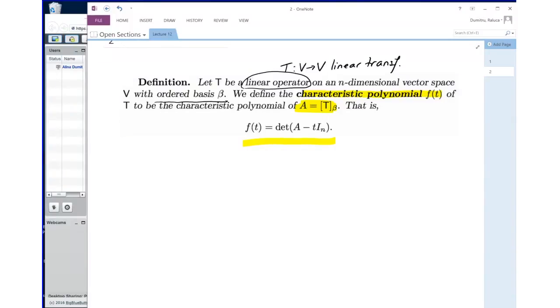Because if you choose another basis, you end up with a different matrix, and maybe the determinant of that matrix minus t identity is different from the determinant of this matrix minus t identity, and maybe the definition doesn't make any sense then. Now, of course, it makes sense, and the idea is that it doesn't matter which matrix you choose, and it doesn't matter which basis beta you choose, and that's what we're going to look into next.